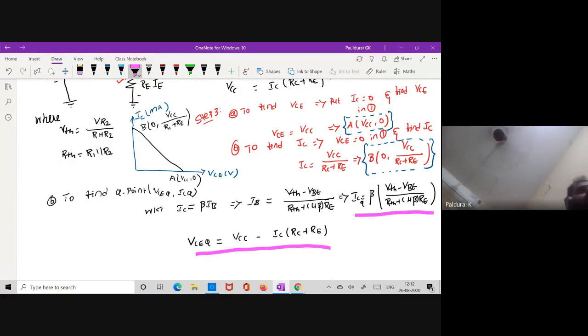Tomorrow I will start from here, how to find the Q point. So what is the change here? RB is replaced by RTH this time. That's the change, that's it.